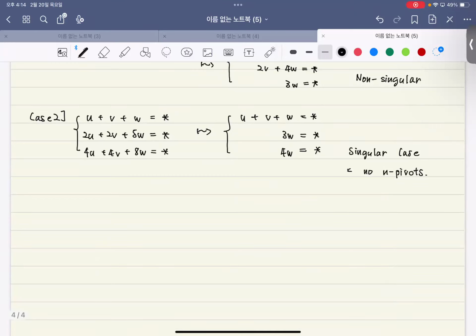Now, turning to the next section, I am in section 1.4. Matrix notation and matrix multiplication.